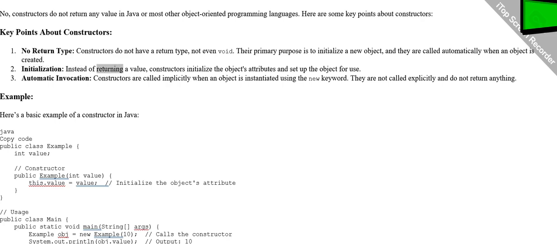Initialization. Instead of returning a value, constructors initialize the object's attributes and set up the object for use. Automatic invocation. Constructors are called implicitly when an object is instantiated using the new keyword. They are not called explicitly and do not return anything.